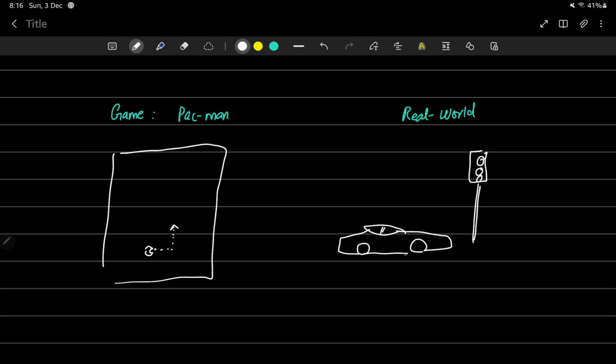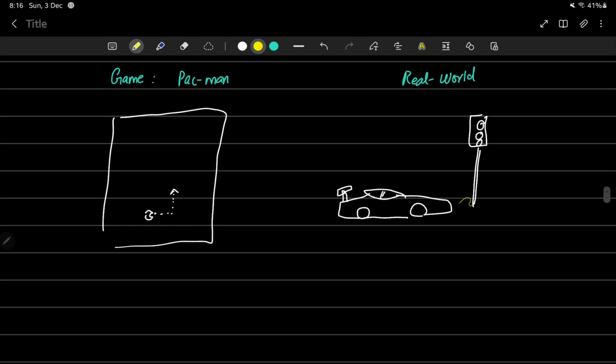Let's say your artificial intelligence now needs to drive this car, and it wants to take an action to go right, towards the right side of the road.